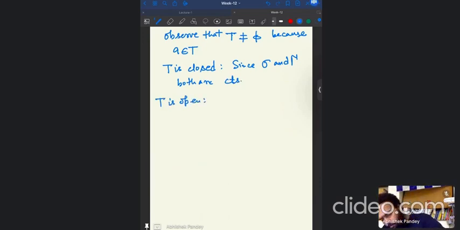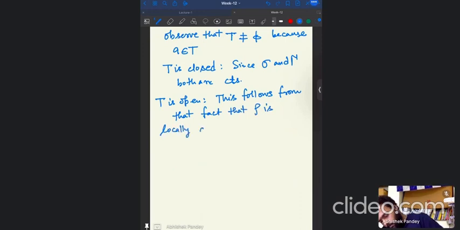This follows from, one can check, the fact that rho is locally a homeomorphism.